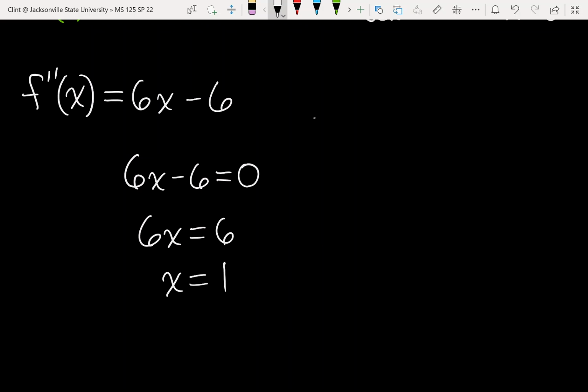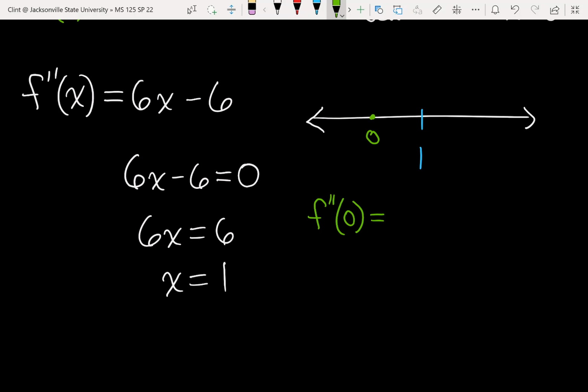And then on our number line, we're just cutting it into two pieces. Now we've got x equals 1, and we just need to pick a test value on each side. So something on the left, what value do you want to use? That's a good choice. We'll try 0. Again, we just care about the sign. So if we plug in 0, we'll get negative 6.